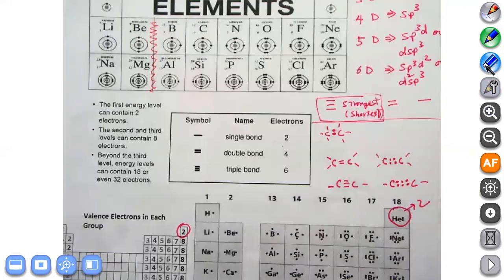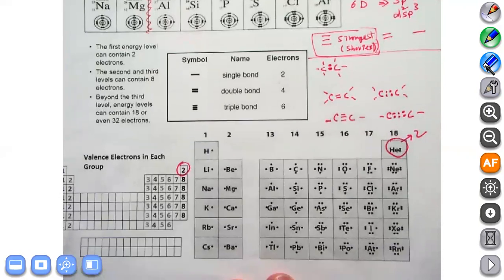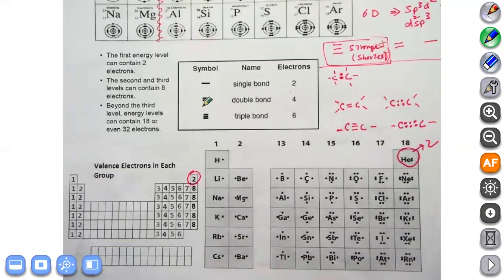Let's go to the bottom portion of the page. So anytime you have a single bond, just keep in mind that's 2 electrons, 1 line. 2 lines, double bond, 4 electrons. Triple bond, that's 1, 2, 3 lines, 6 electrons.